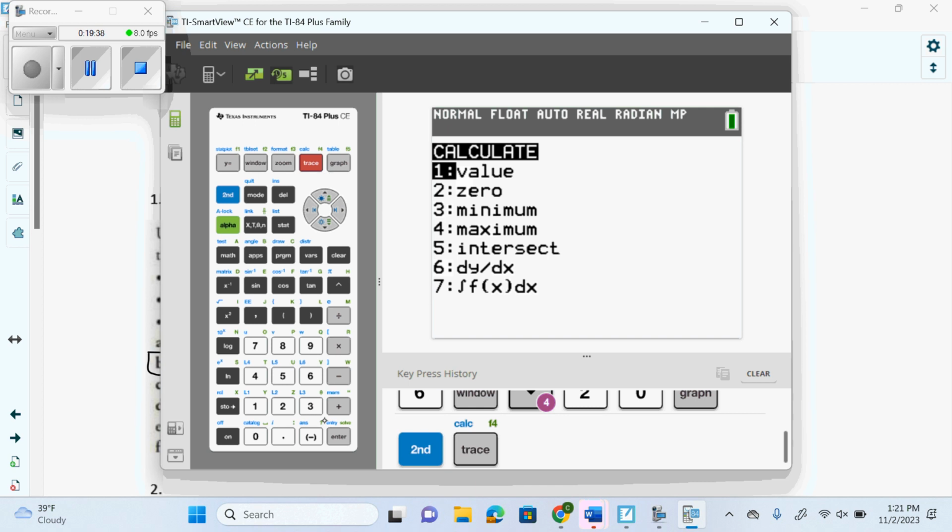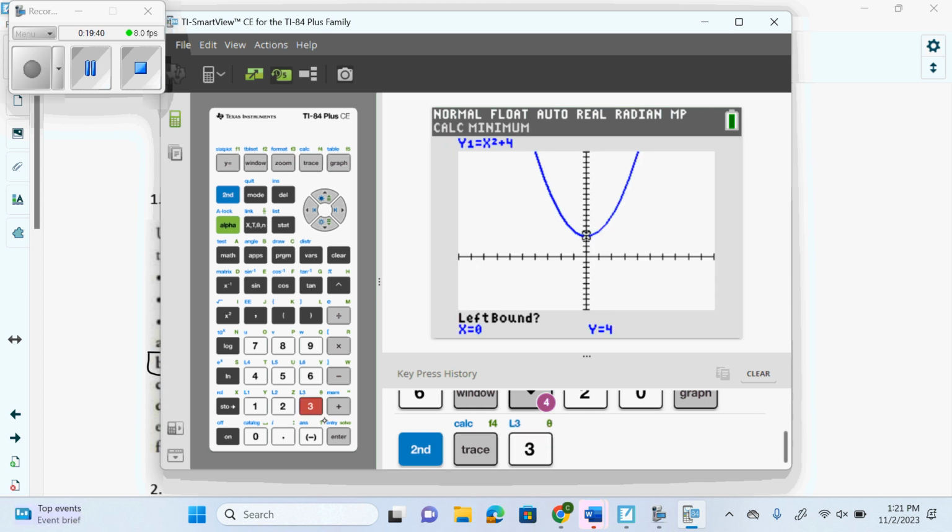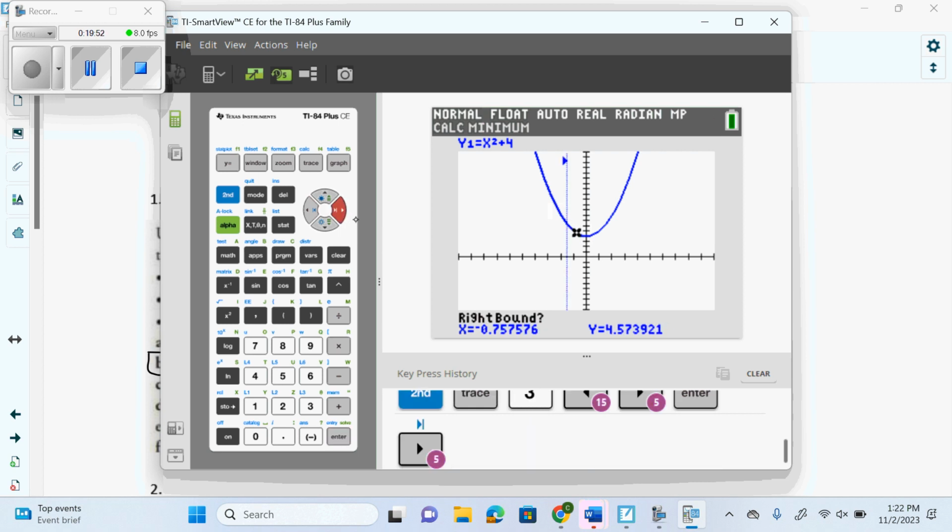Minimum, which is 3. Now it says left bound. So we need to be somewhere on the left of our minimum. Anywhere. Here, here, here, and hit enter. Then we need to be somewhere on the right side. Here, anywhere, and hit enter. And then what do we do? Enter.